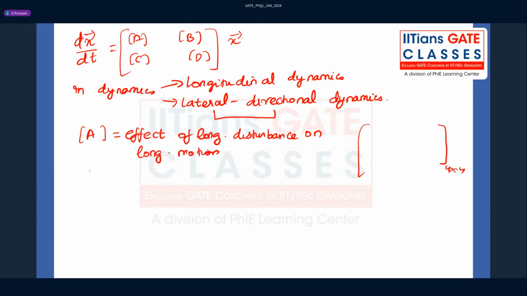Next, matrix B explains the effect of lateral directional disturbance on the longitudinal motion.